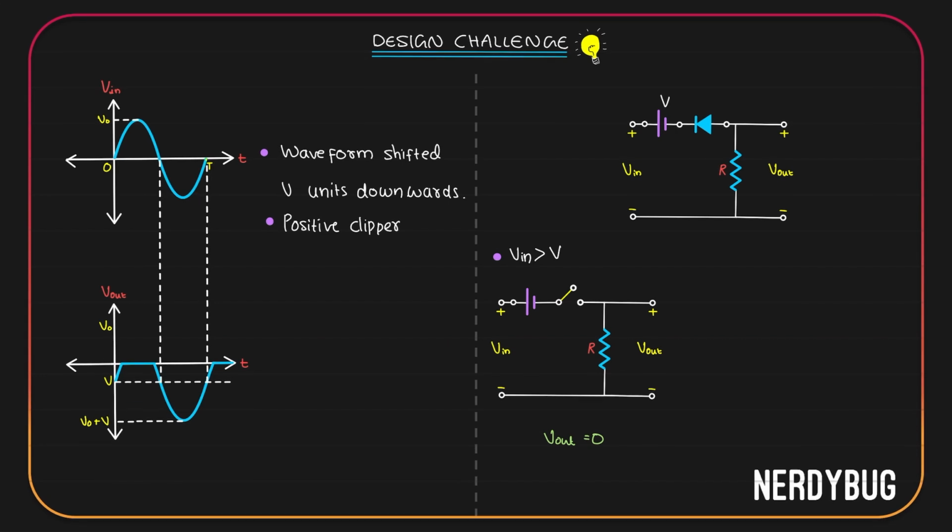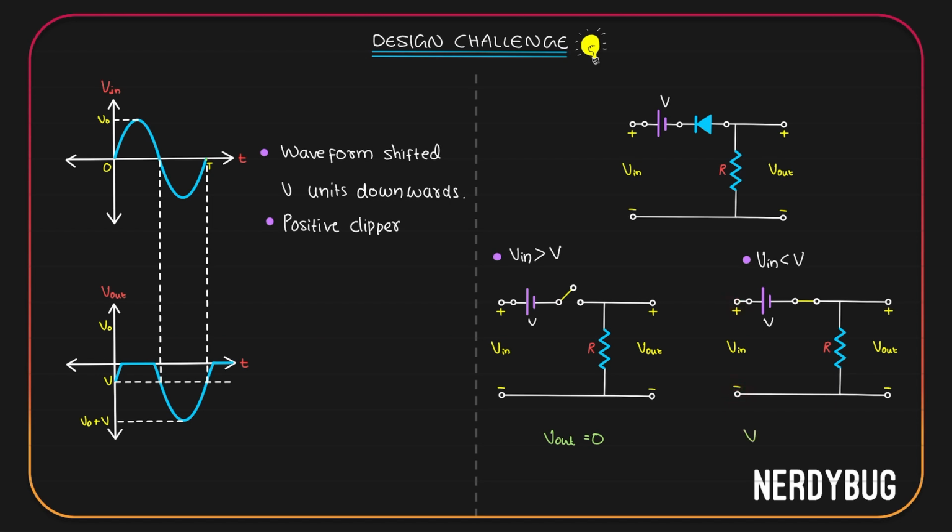Now, when V input is less than V, the diode will keep getting negative potential here and positive potential here, which means it will be in forward bias, and we can model the circuit like this. Since the diode is in forward bias, it is modeled as a closed circuit. To get an expression for the output voltage, let us use KVL again. I'll start from this point and go clockwise. V input is going from negative to positive.